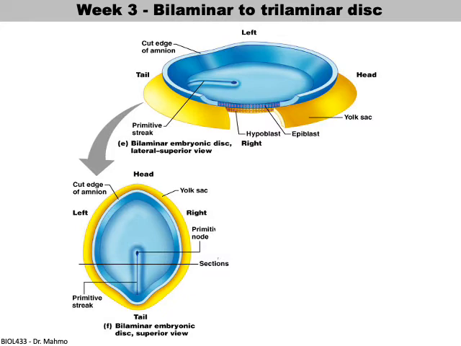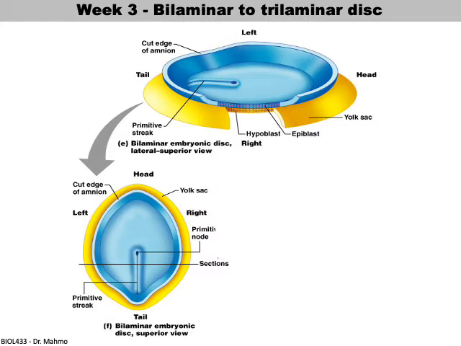If you continue to look at the structure of the bilaminar disc from above, you can see where the primitive streak is. It starts posteriorly, represented by the tail, and you can see the right, left and head, that's the orientation.